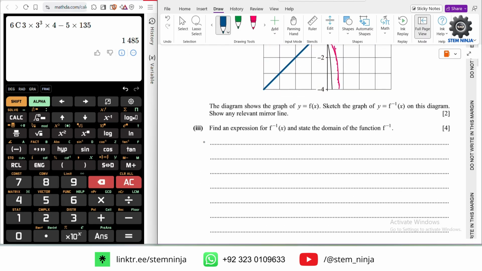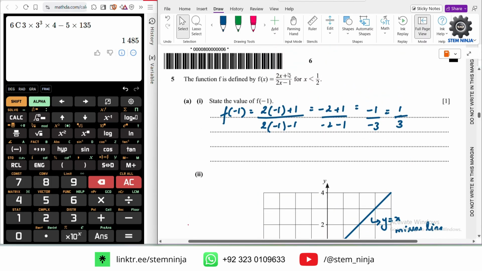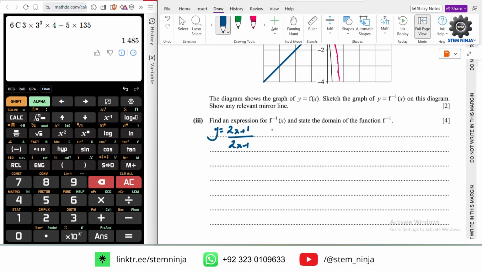Right. So we have y equals (2x plus 1)/(2x minus 1), right? Okay. So we cross multiply: (2x minus 1) times y equals 2x plus 1, so 2xy minus y equals 2x plus 1.